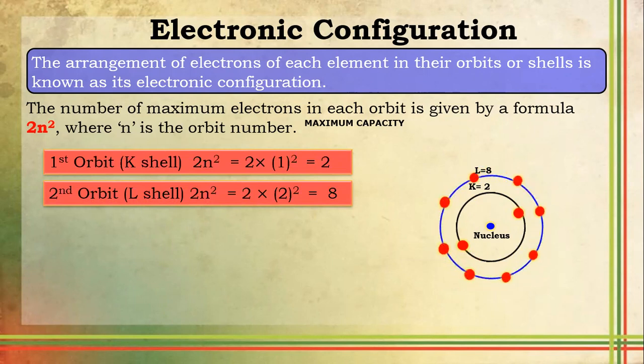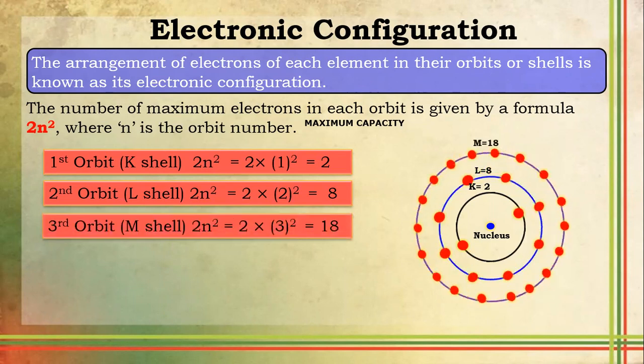So now let us quickly calculate for the third shell. Quickly substitute n is equal to 3. First square, then multiply. So 3 squares are 9, 9 twos are 18. So very good students. In the third shell there will be 18 electrons.